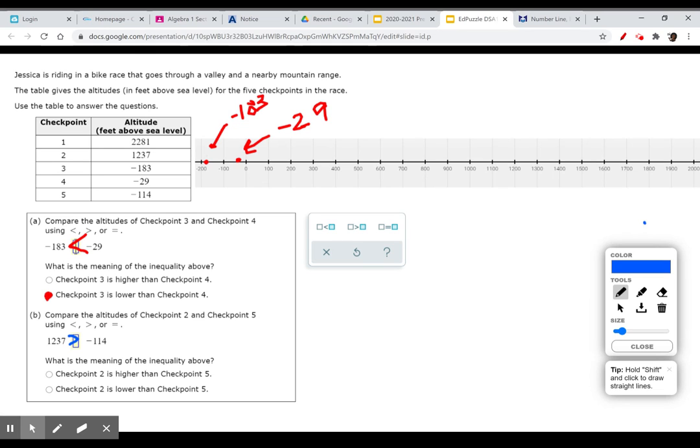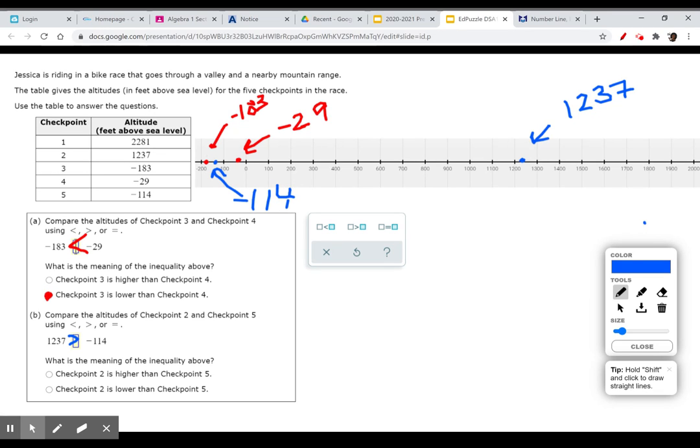So that would be about right in there. And negative 114. That would be in between negative 100 and negative 200. So about right there.